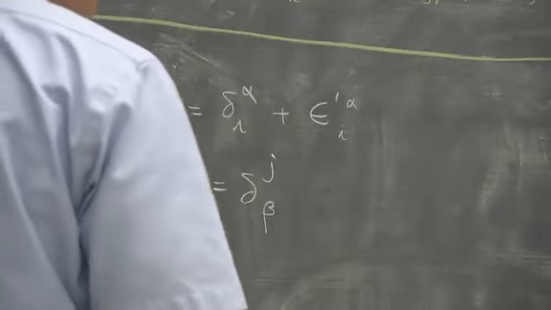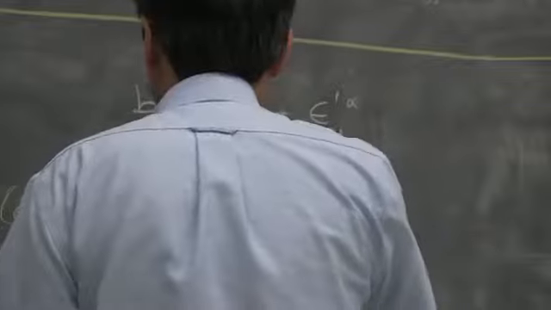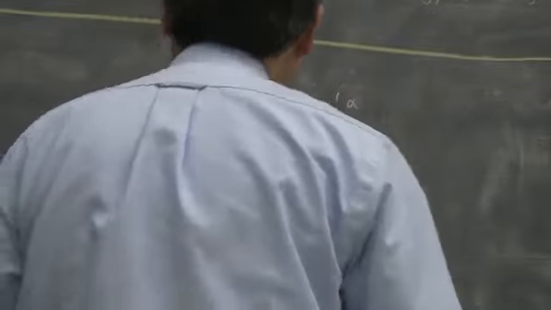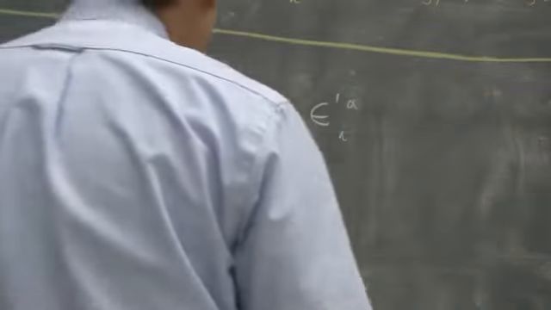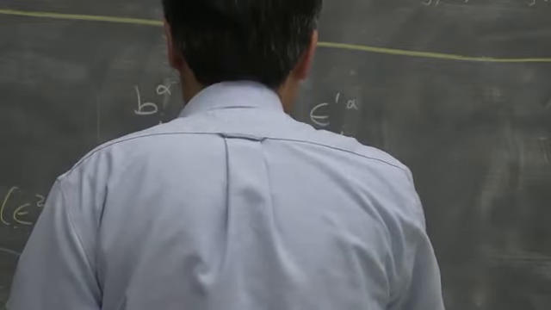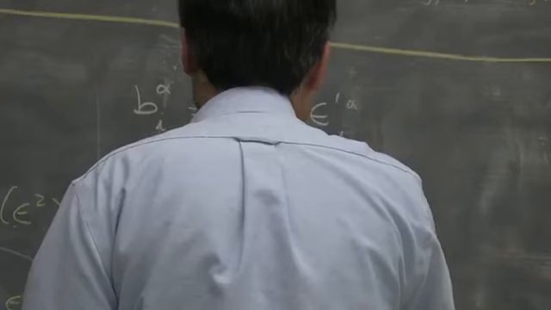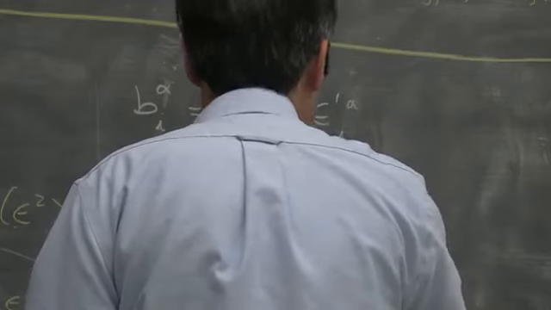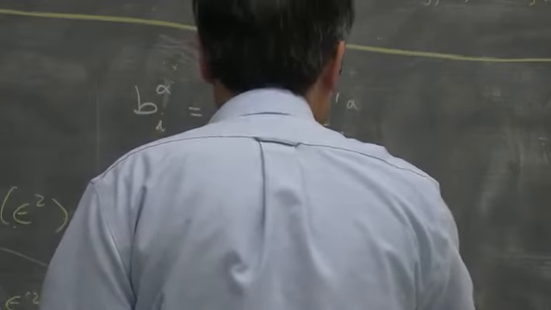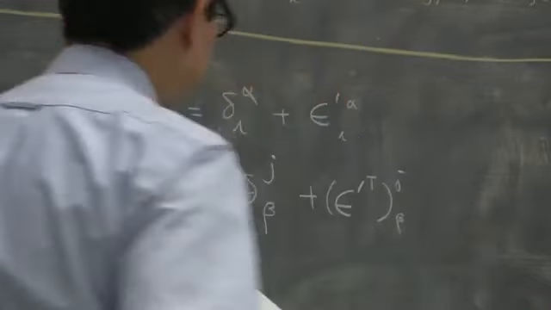Obviously the first term corresponds to the identity matrix, but because epsilon prime is also antisymmetric, I must write this, now let me be careful, as epsilon prime transpose, the beta j-th element of that.